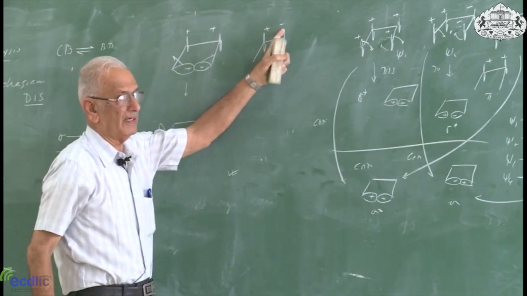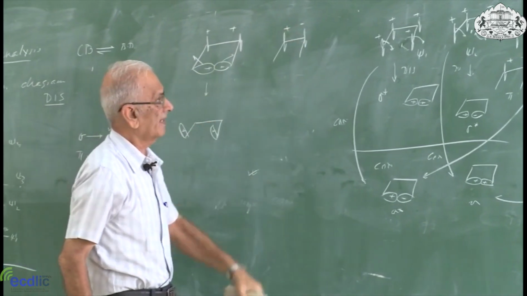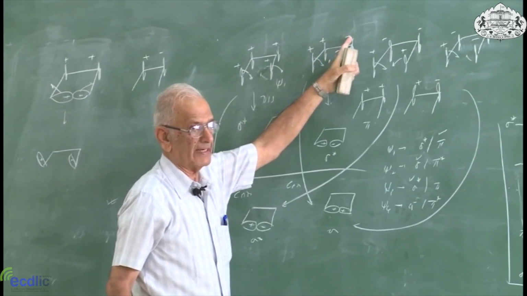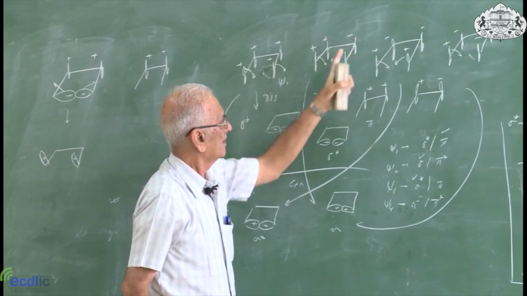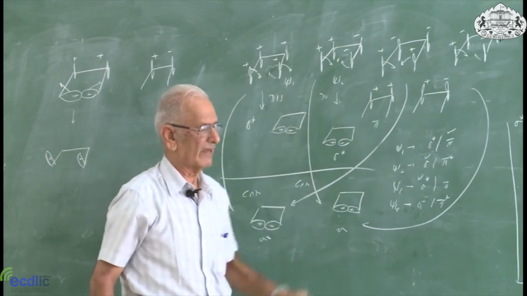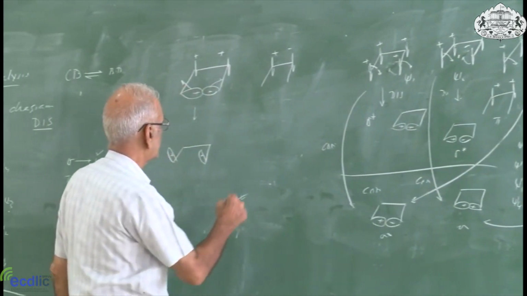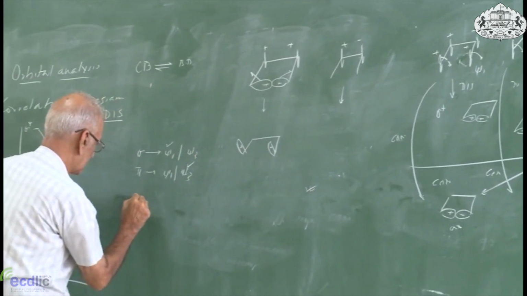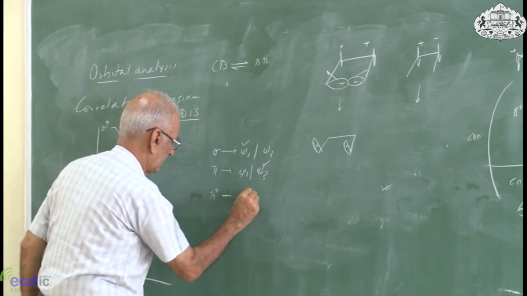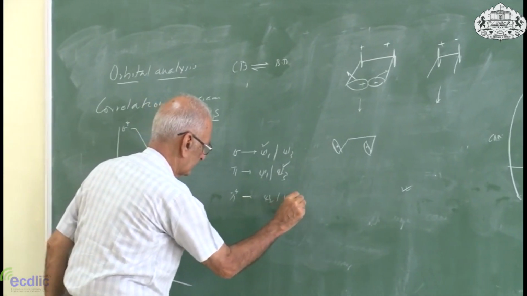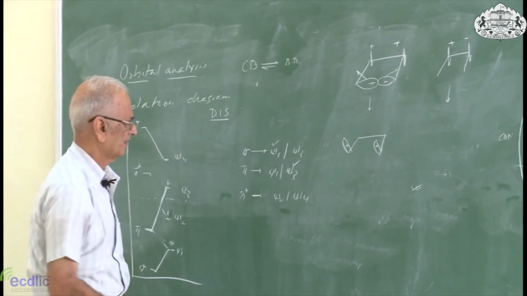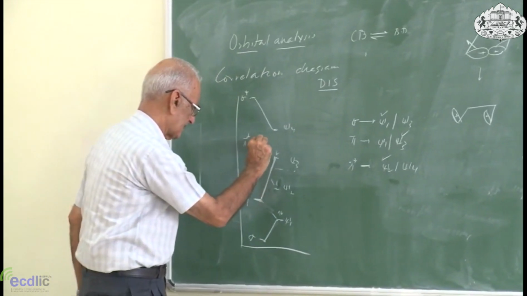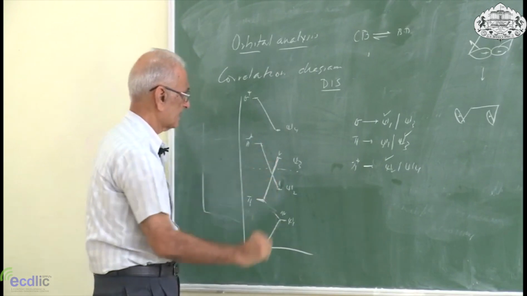Pi star orbitals have opposite signs. Therefore, it can correlate with psi 2 or psi 4. Psi 2 is lower, therefore, pi star will correlate with psi 2.